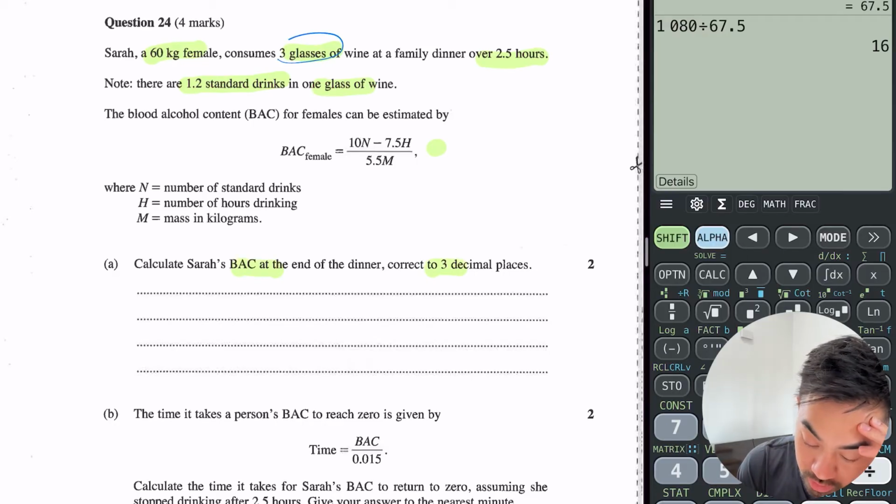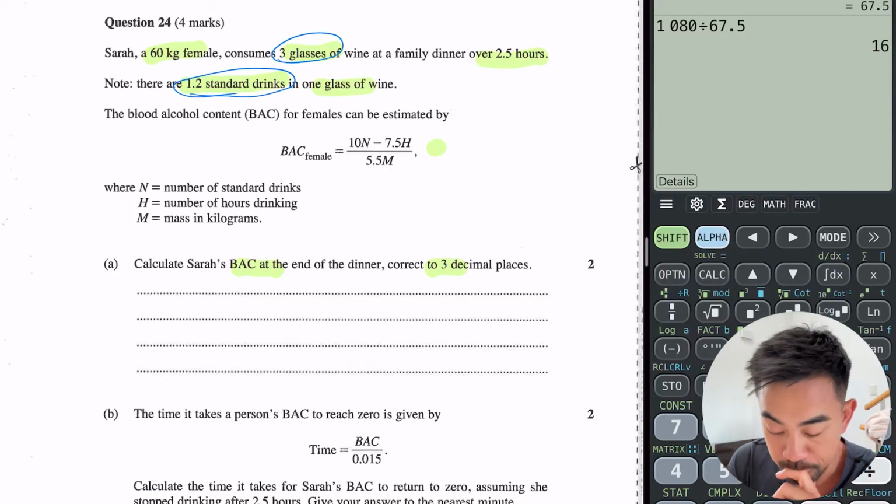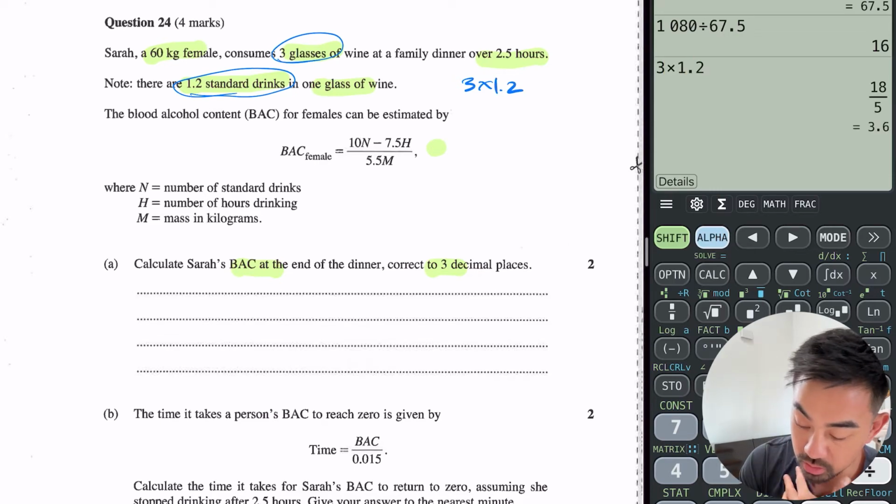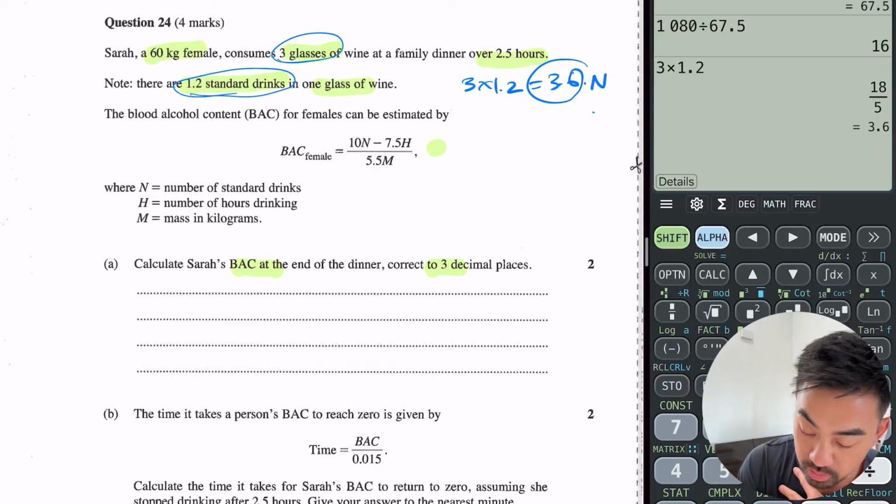Okay, so she's done 3 glasses of wine and each glass is 1.2 standard drinks. So that's 3 times 1.2, which is 3.6 standard drinks, or N, I should say.